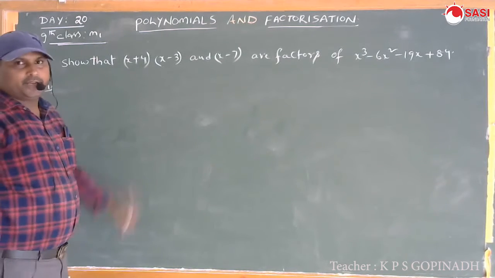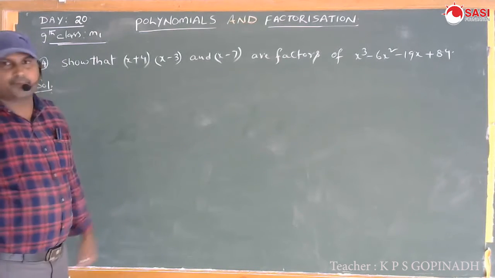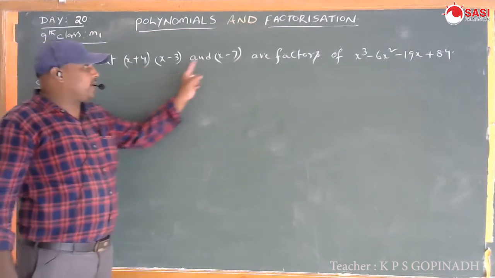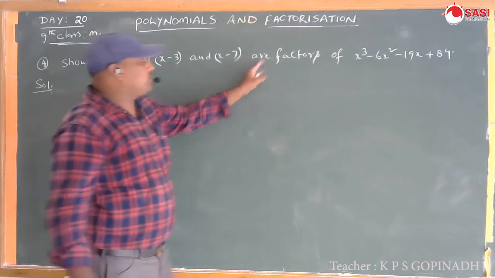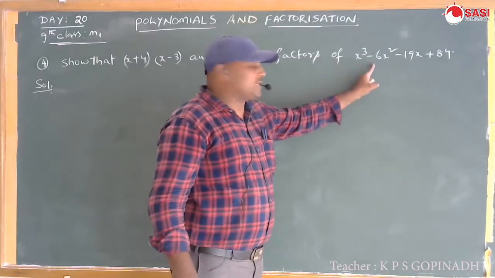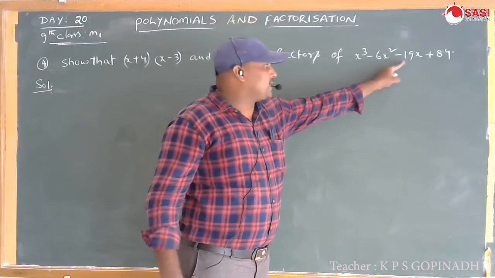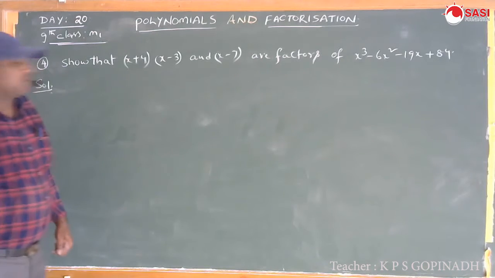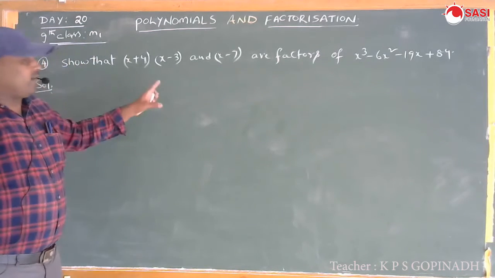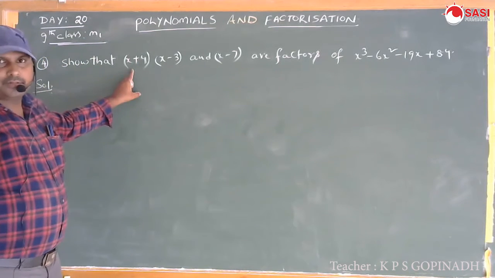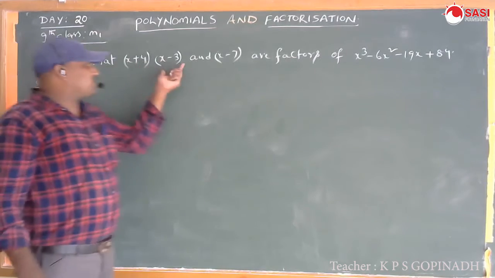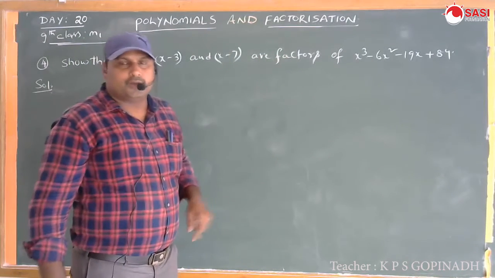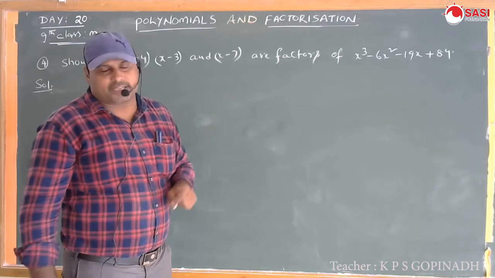Okay, now children, next question. That is fourth question. Show that x plus 4, x minus 3 and x minus 7 are factors of x cube minus 6x square minus 19x plus 84. So how like that is? First of all, to verify the given x plus 4, x minus 3 and x minus 7 are the factors of so and so, we have to use the factors theorem.